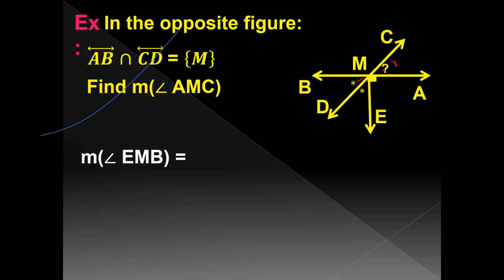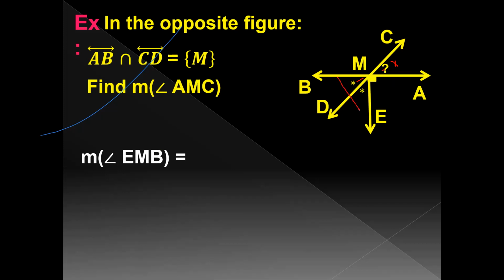Pay attention with me. As we say, AB is a straight line and ME is a ray with its starting point on the straight line. So angle AME plus angle EMB equals 180 degrees. The two angles are supplementary angles.